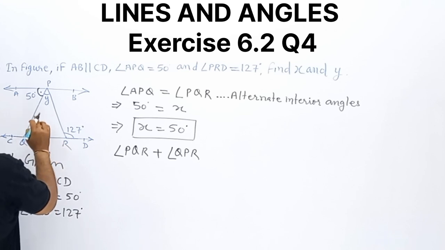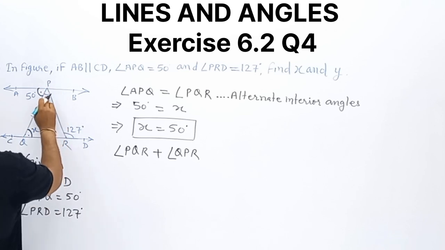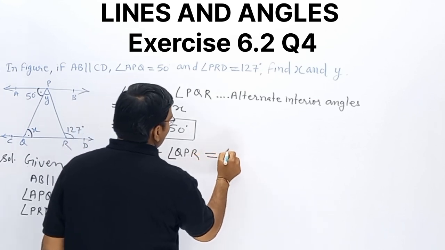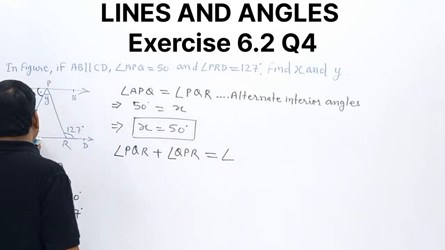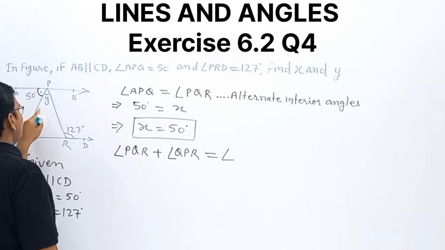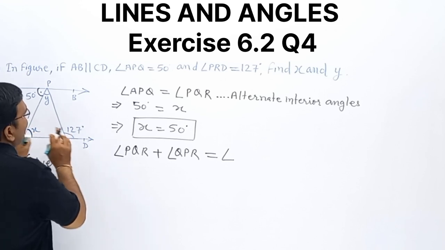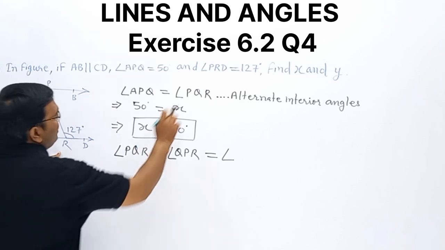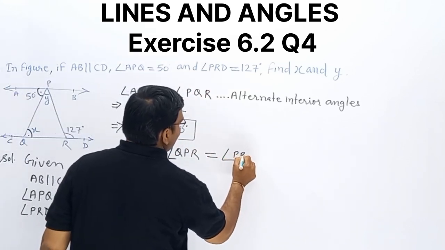The sum of both angles will be equal to the exterior angle, since these two angles are opposite to this exterior angle and they are interior angles. So the sum of opposite interior angles will be equal to the exterior angle, and the exterior angle will be PRD. It is given in the question.